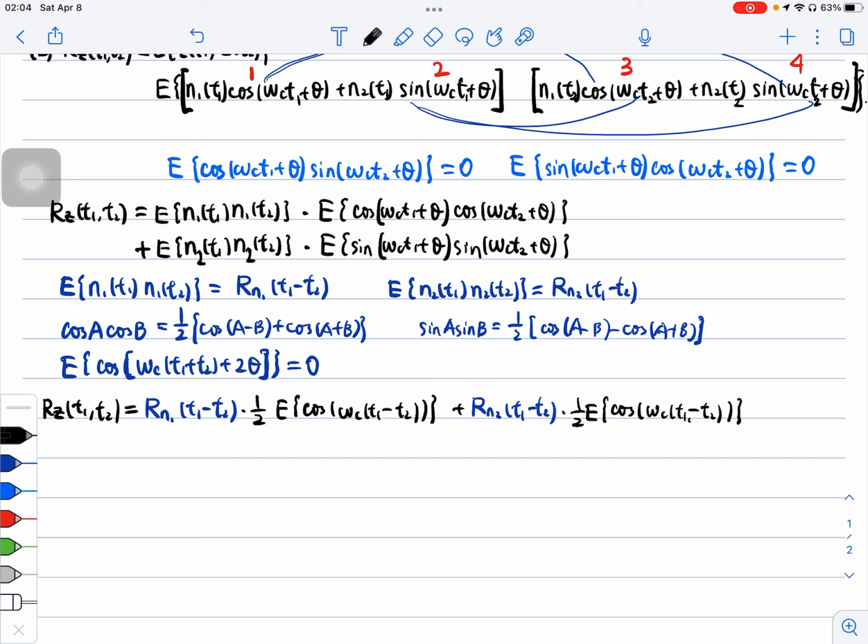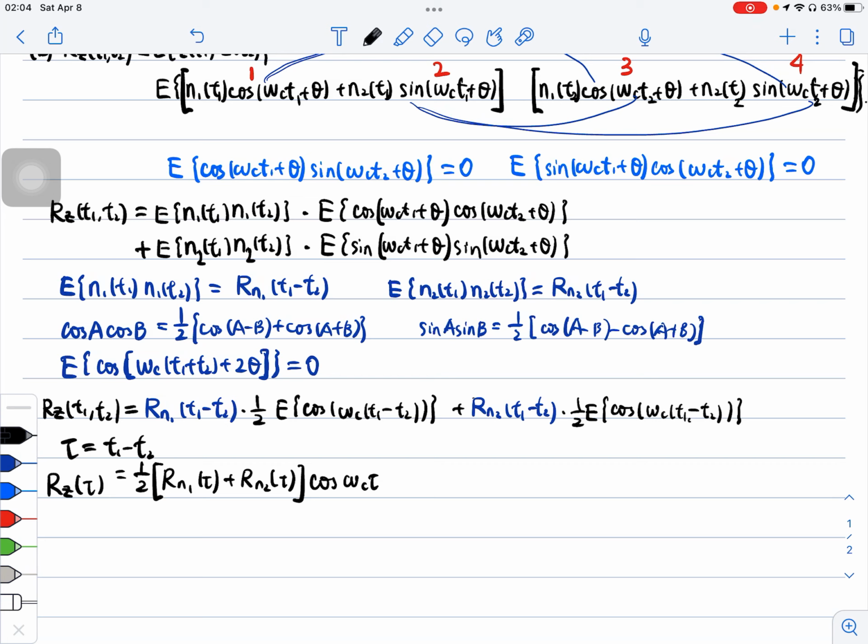Now we define tau equals t1 minus t2. So Rz(tau) is just half of Rn1(tau) plus Rn2(tau) times cosine(omega_c tau).